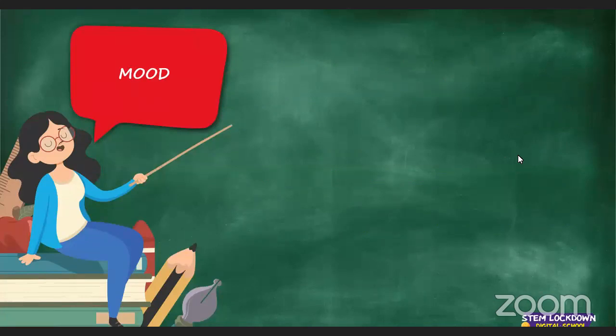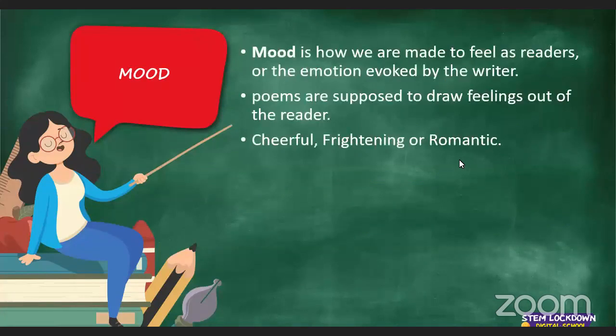All right, so the mood. We said the mood is how we are made to feel as readers or the emotion evoked by the writer. Okay. So poems, guys, are supposed to draw feelings out of the reader. So when you're doing a poem, whether it's with me or with your teacher at school, supposedly you need to feel something from that poem you're reading.